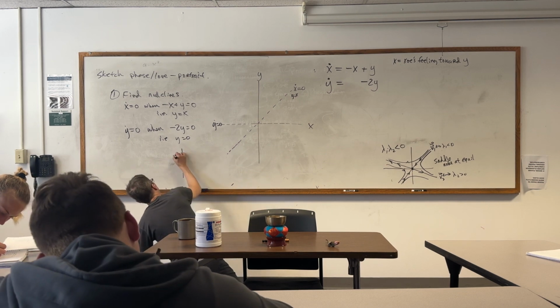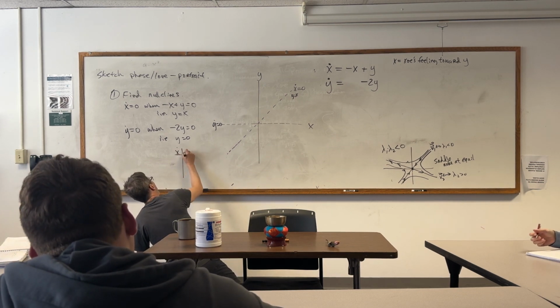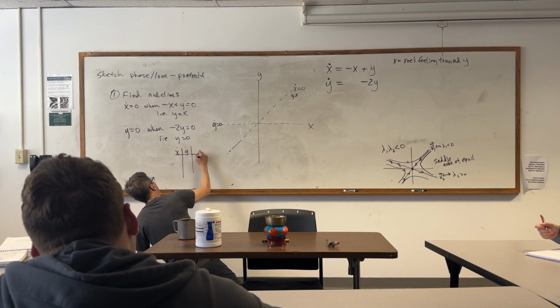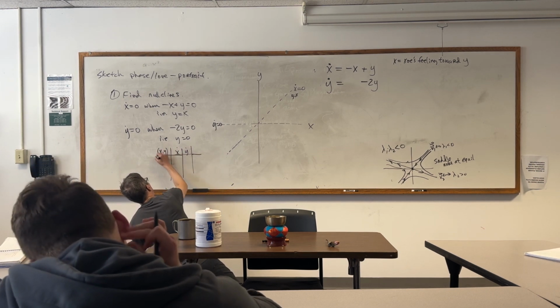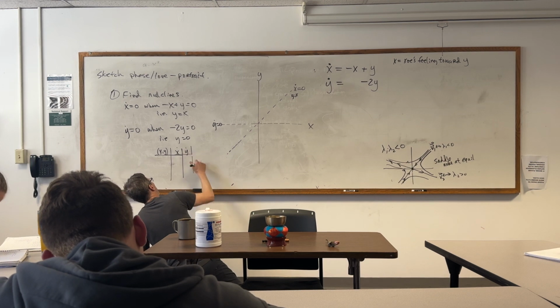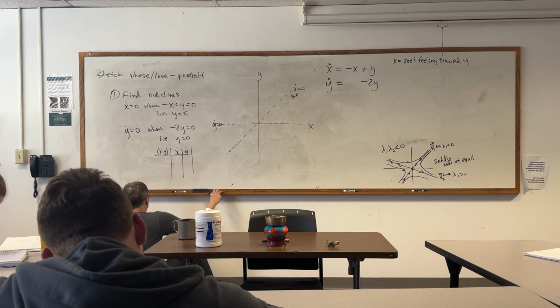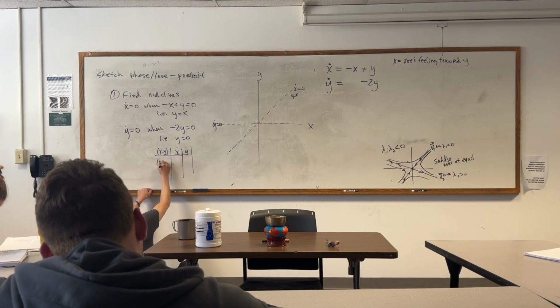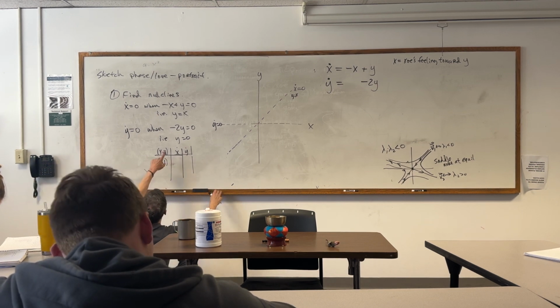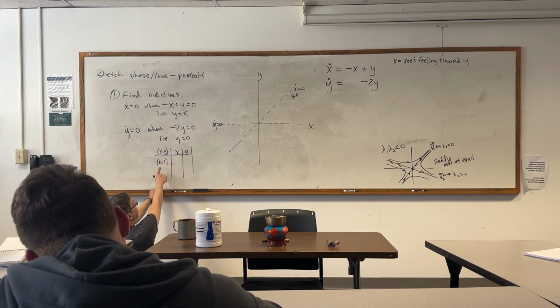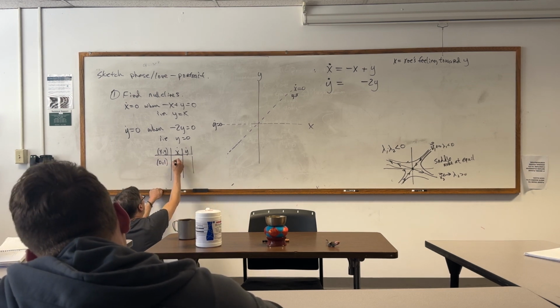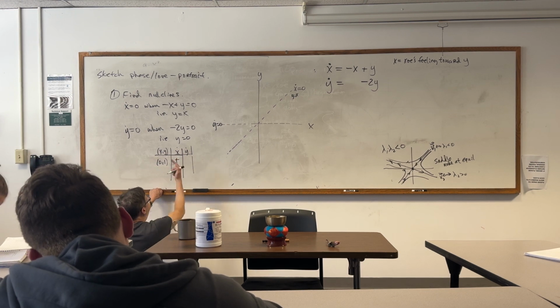I'll make a little table here: x dot, y dot, and then my point, x, y. I saw Evan had a chart like this earlier, and I think that's a good idea. He and I were talking. So we had 0, 1, which helps keep the head straight. Here I've got 0 plus 1 is x dot, so it's positive. I'll just put a plus there for positive.